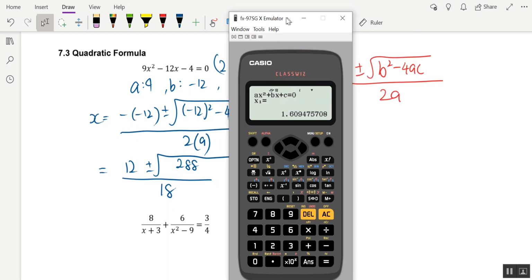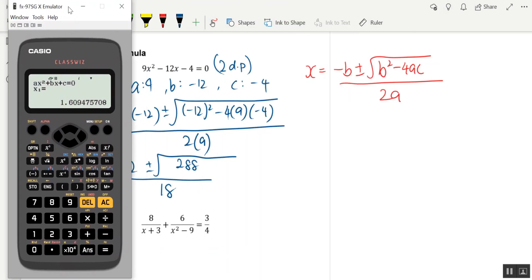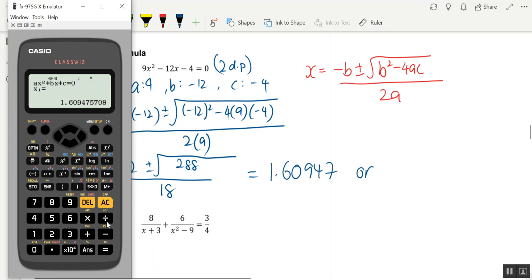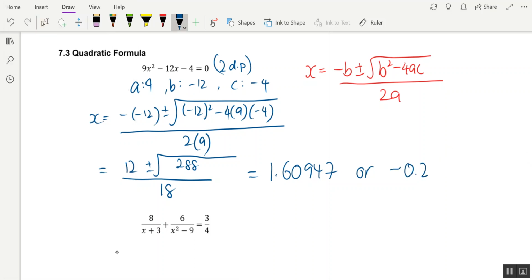So for this case, the answer is 1.60947, or negative 0.27614. Then now you do your approximation, 1.61 or negative 0.276.